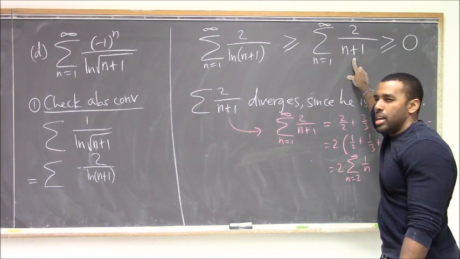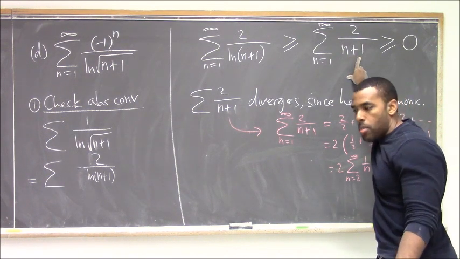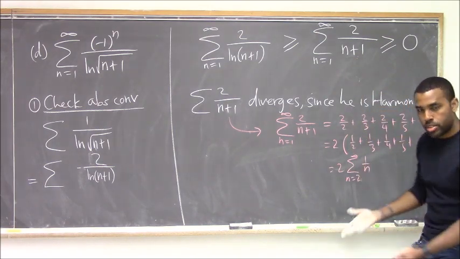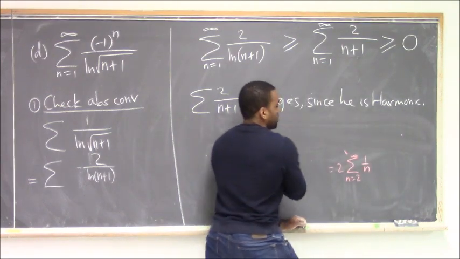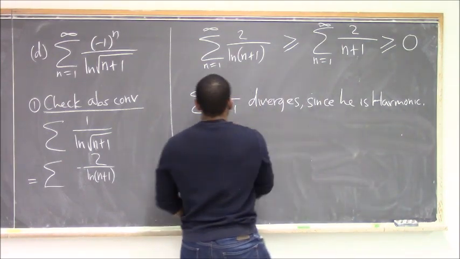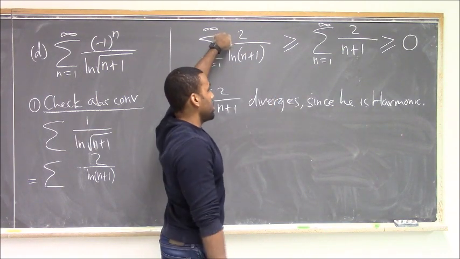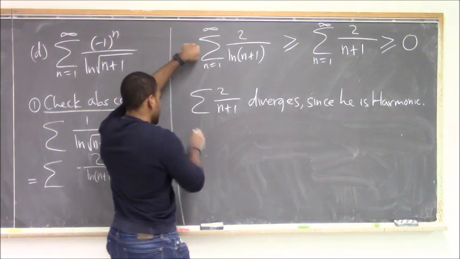But it should also kind of be clear, it's just a guy over a linear polynomial. It's harmonic. It would have all the same behaviors as the harmonic. It's just probably like a shift or something like that. However, since that guy diverges, and he's smaller than this guy, this one diverges by comparison.